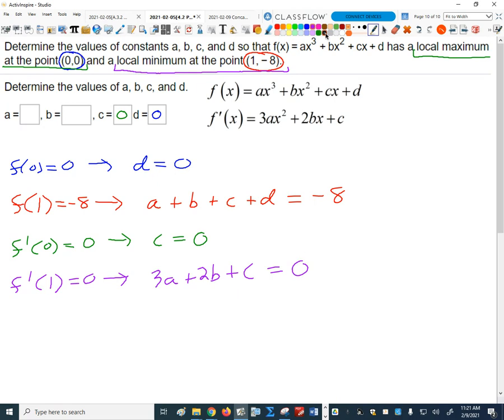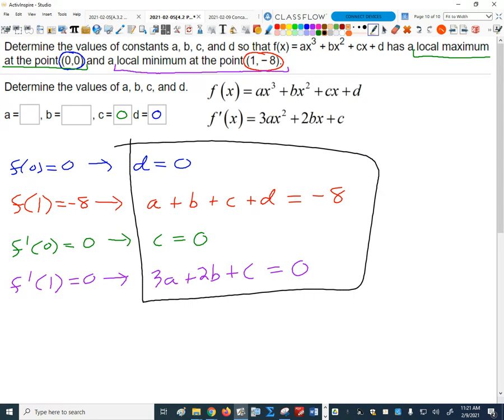Okay, so that gives me, look at that, a 4x4 linear system, right? And now this is a pretty easy one to solve. I don't even have to use matrices on this one, right? Because I already know that D and C are 0, right? So I can just do this. I know that's 0, that's 0, that's 0.